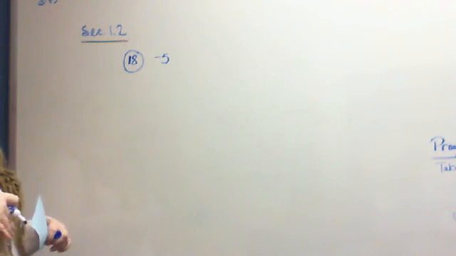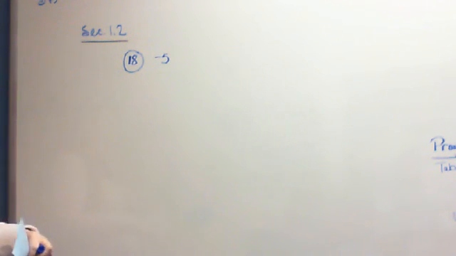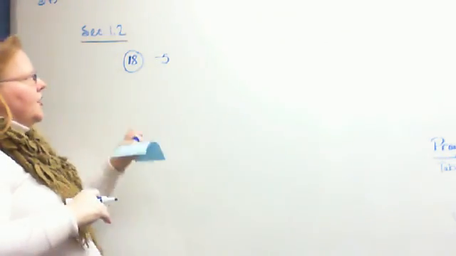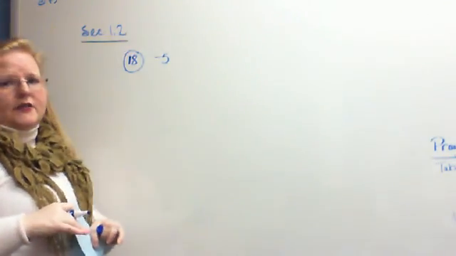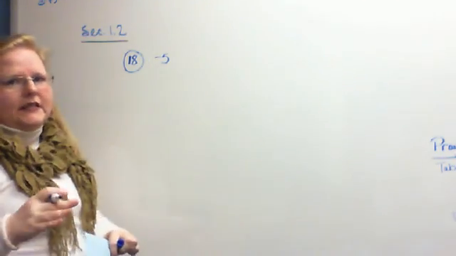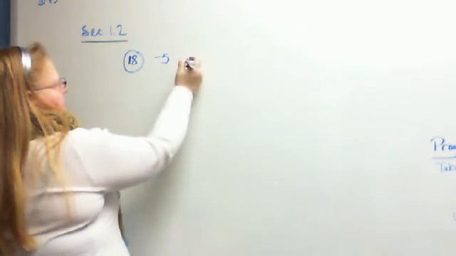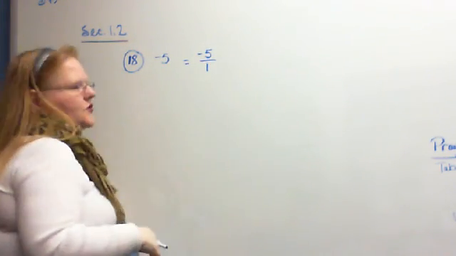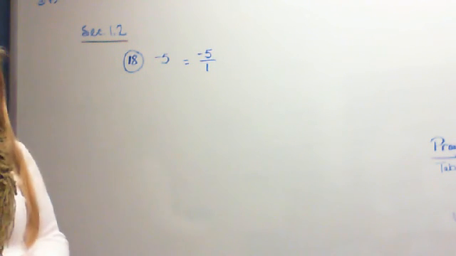Once again, in order for something to be a rational number, it has to be able to be written as a fraction. So they want us to show them how to write this as a fraction. So if I want to write -5 as a fraction, there are tons of ways I could do that, but the easiest way is to just go ahead and stick a 1 underneath it. So it would be -5 over 1.